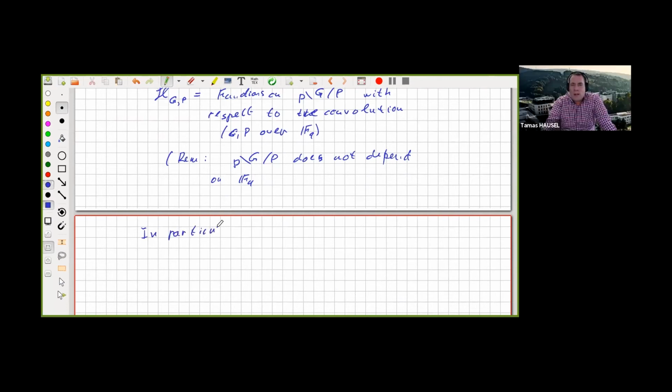Is it not finite in some sense? Yeah, well, if G is simple, then this is a finite set, of course.